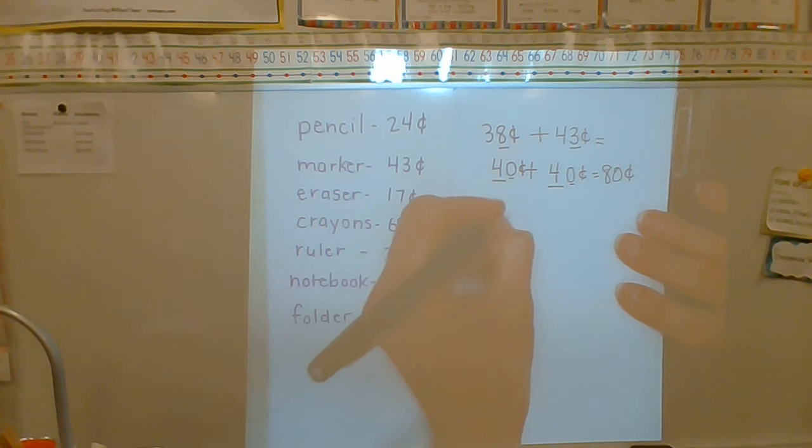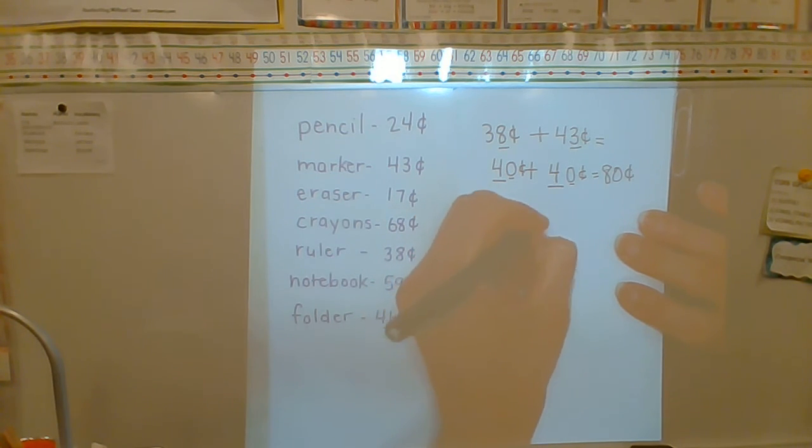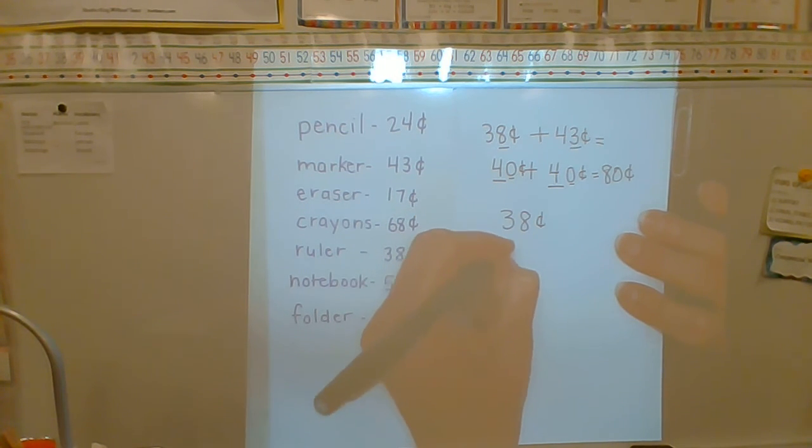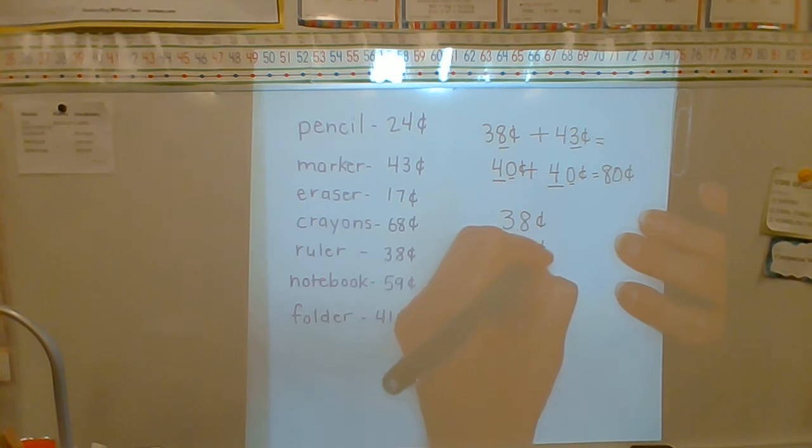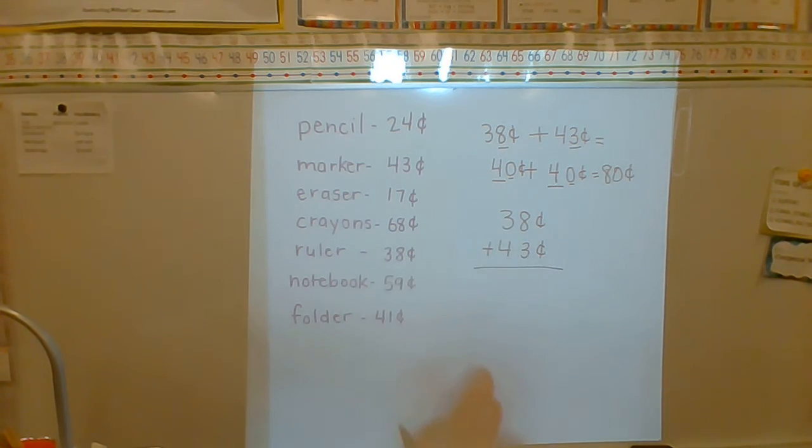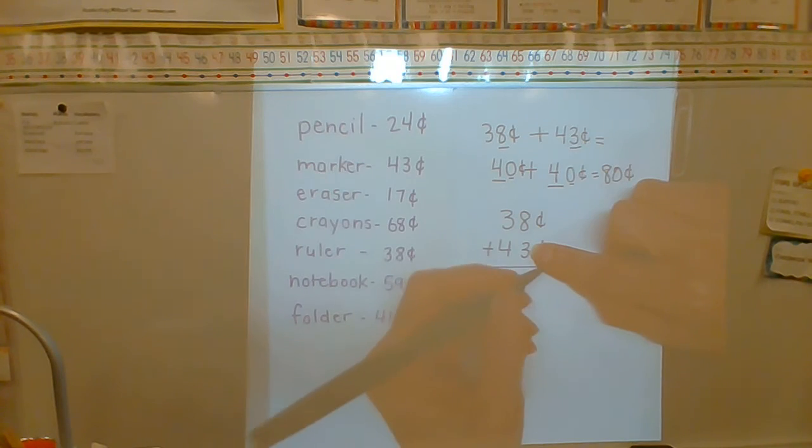Let's take 38 cents and 43 cents and write them vertical. All right, say it with me. Always add your ones first. What is 8 plus 3? 11, that's right. Enough to trade for a dime?